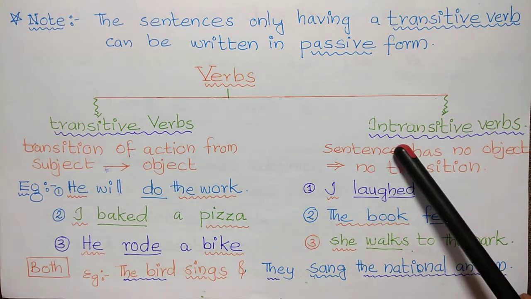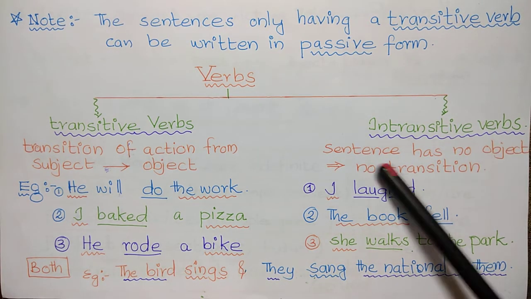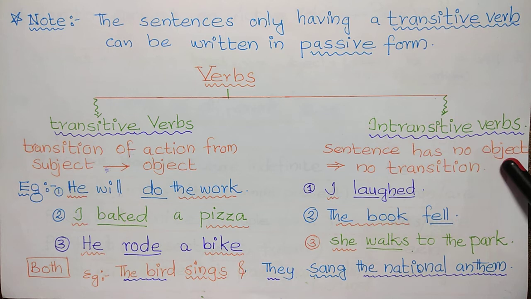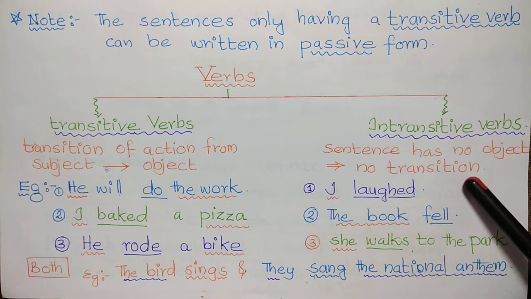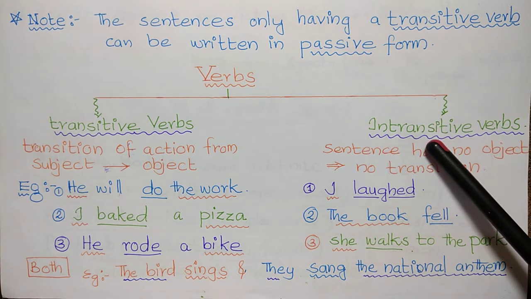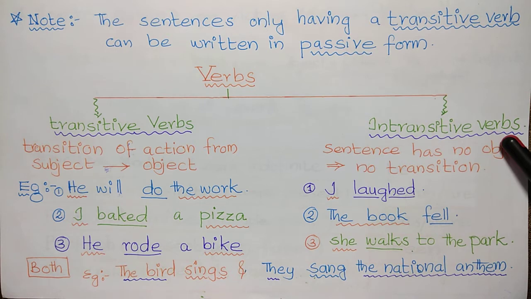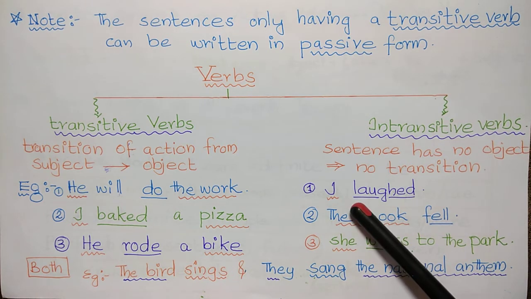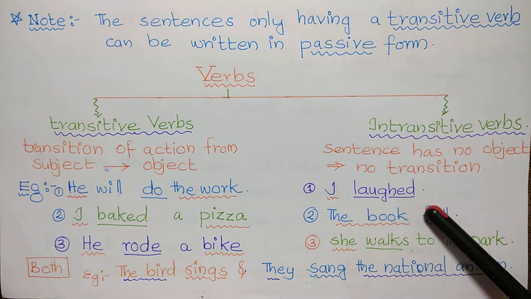Now see intransitive verbs. The sentence has no object, so no transition. If there is no object, then there is no transition. So that is why it is an intransitive verb. See the example. I laughed. There is no object. There is no transition.